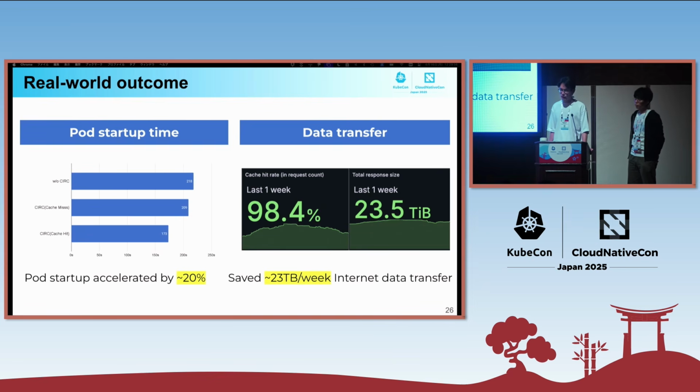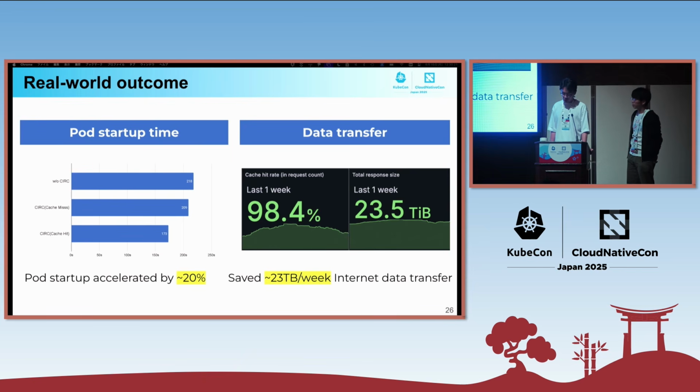The high cache hit rate of over 98% is partly due to CIRC's preheating feature. Furthermore, while it's 23 terabytes currently, we expect even greater efficiency with the utilization of the OCI volume source feature.